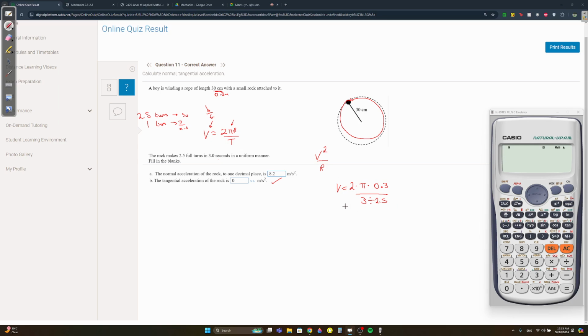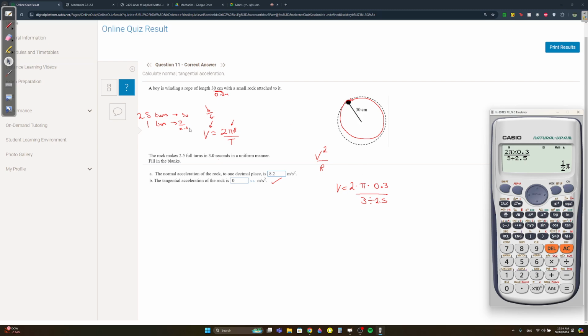Put this in a calculator: 2 pi times 0.3 over 3 divided by 2.5, you get this. So this is v.